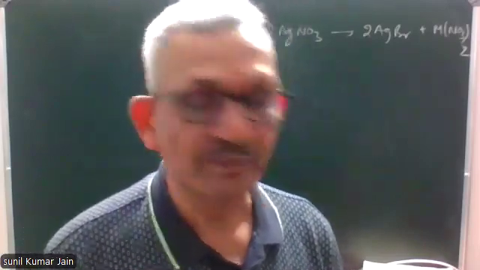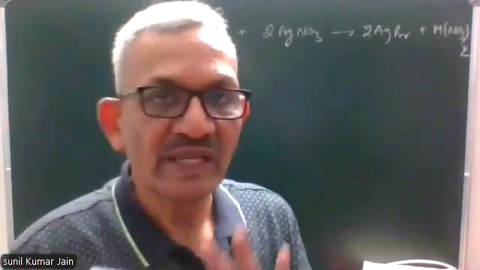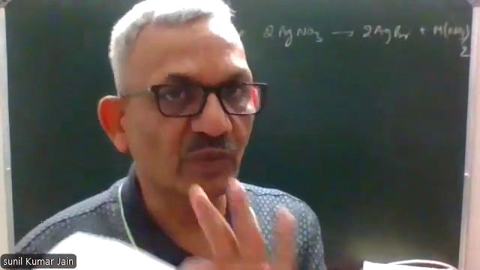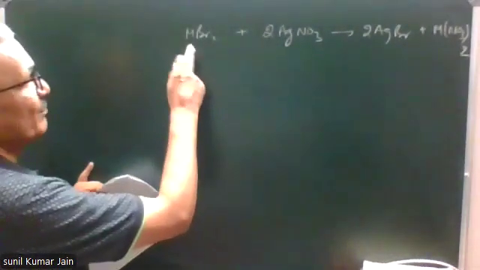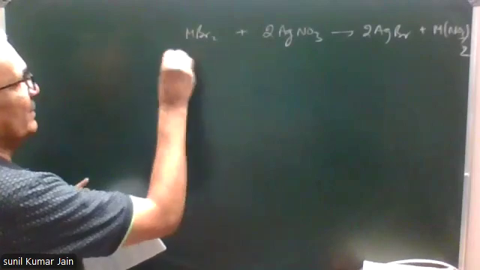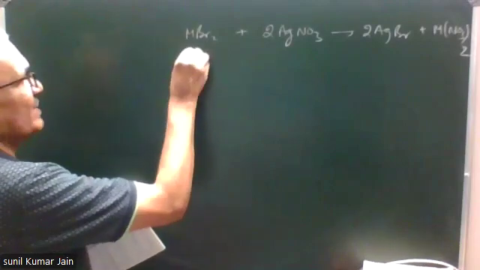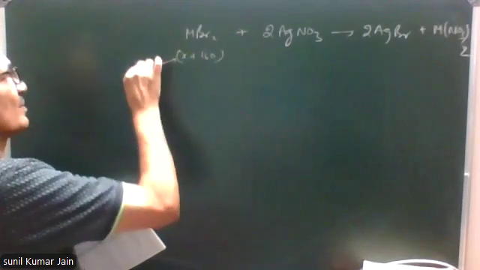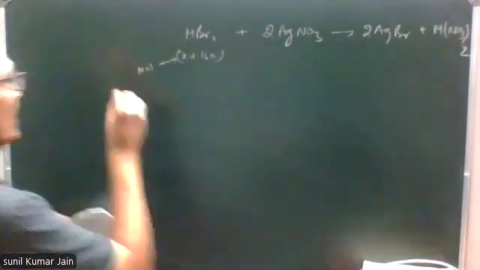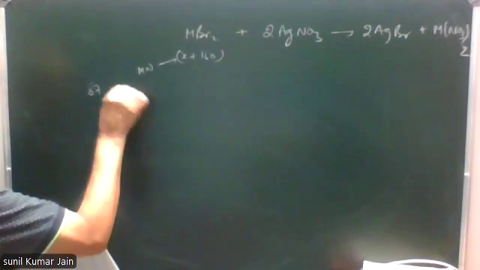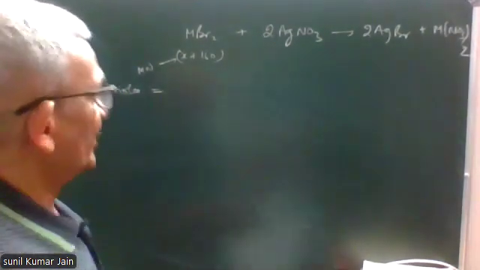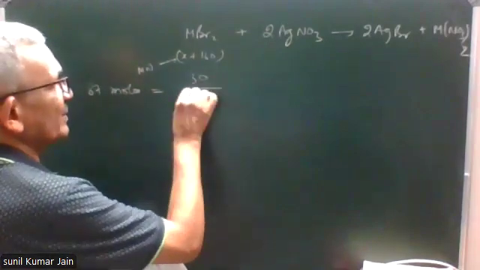Atomic weights of silver and bromine are given. Let us say atomic weight of the metal is X, which we want to calculate. It means molecular weight will be X plus 160. Right? Now, starting moles will be 30 divided by molecular weight.